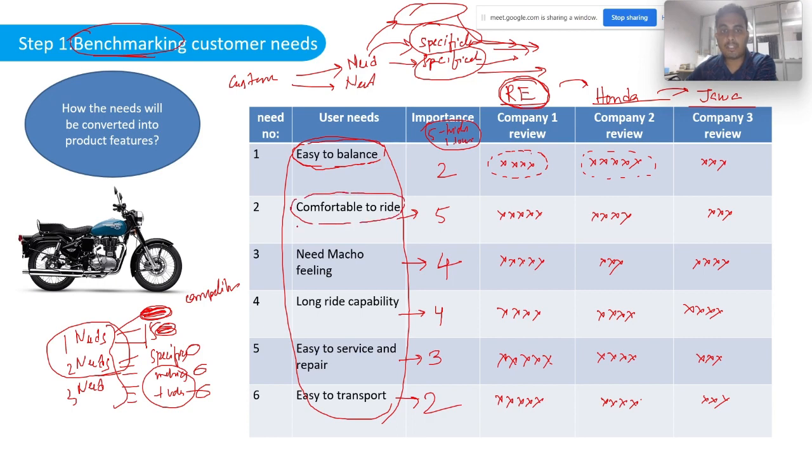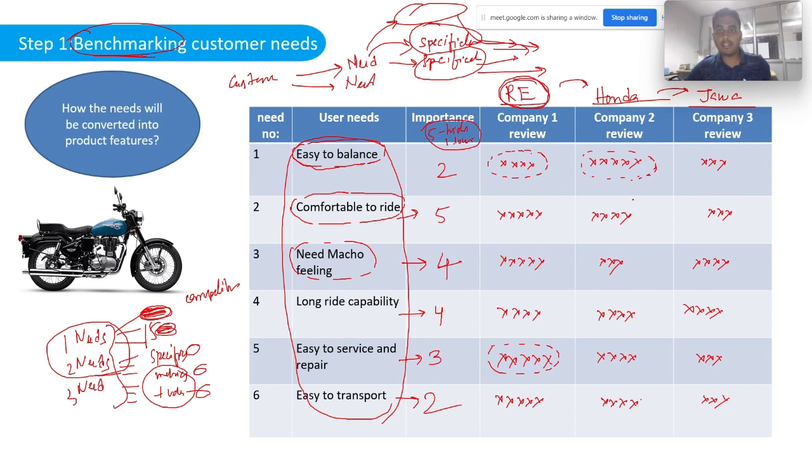Okay, and since you are a designer and now you are going to design a new bike, you need to decide which sort of specification you should follow. It's not always like that, since RE is getting the highest in easy to service, so we need to replicate RE's service center capability.